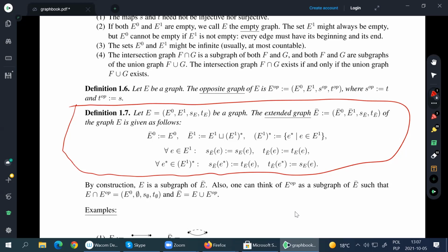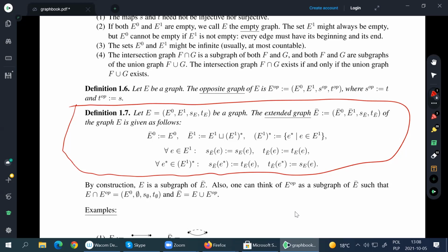These are identical sets, just different labeling. So Ē1 is defined as the set of all e stars where e runs over E1. This is taking another copy of E1 and taking the disjoint union. And now, in order to make sense of it as a graph, you must define the source and the target maps.